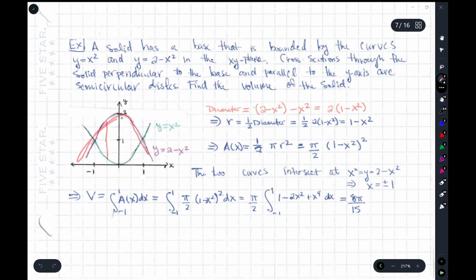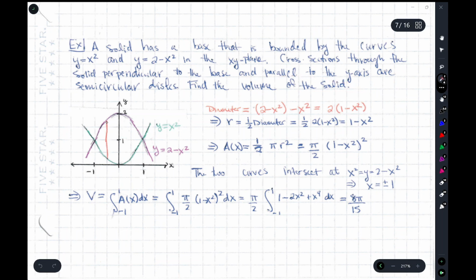You can see here's y equals 2 minus x squared, and here's y equals x squared. The cross sections through the solid perpendicular to the base and parallel to the y-axis are semicircular. That's key over here. We want to find the volume of the solid.